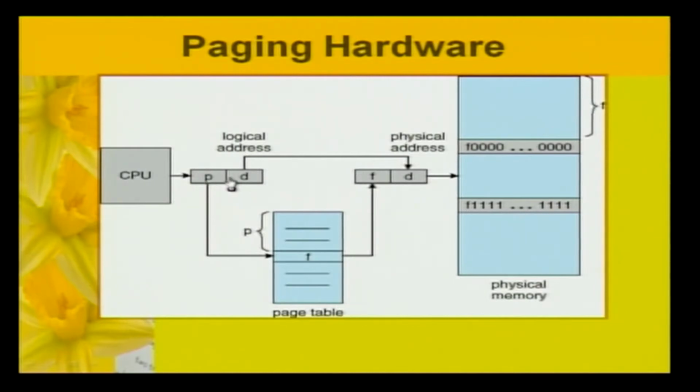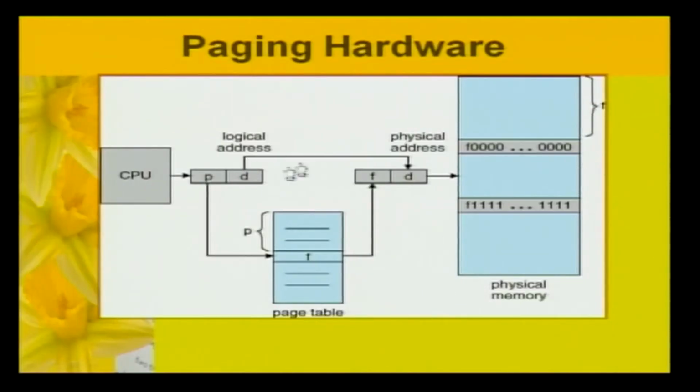We visualize the logical address as two parts, P and D. The D portion of the logical address is retained as such, and the P portion, which indicates the page number, is taken and given as input to the page table. The page table is real hardware which carries the correspondence between the pages and frames.